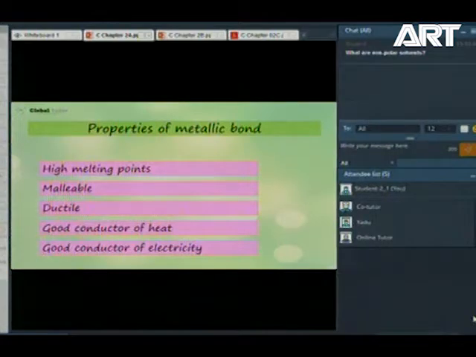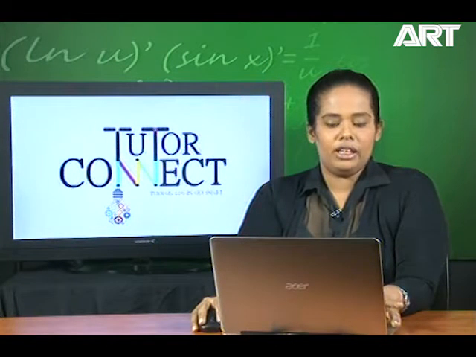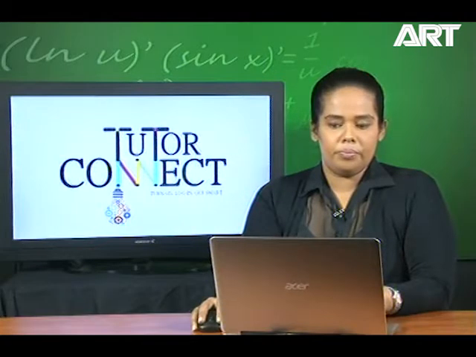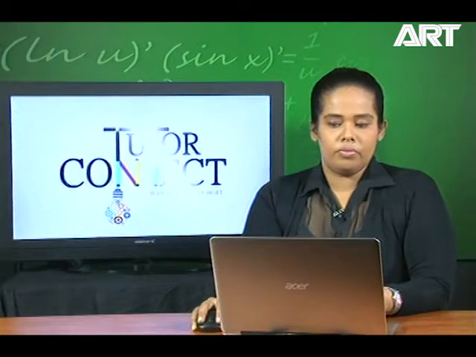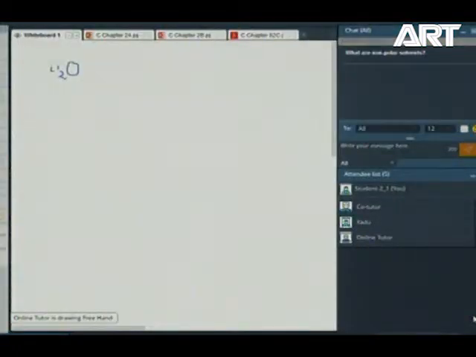And now we will go back to the whiteboard for an example. Here we will do H2O. Okay. So, H2O is a well known solvent. What kind of solvent is this?